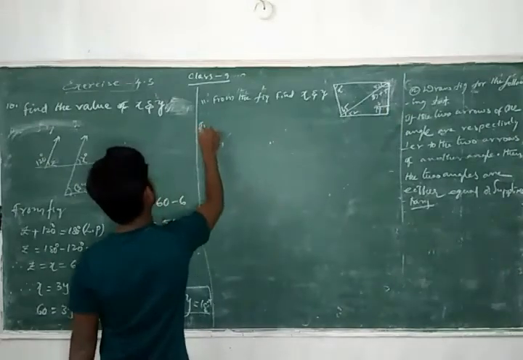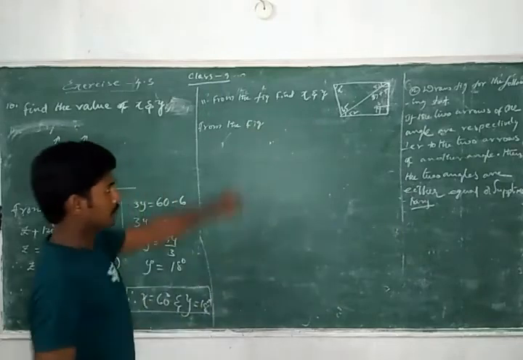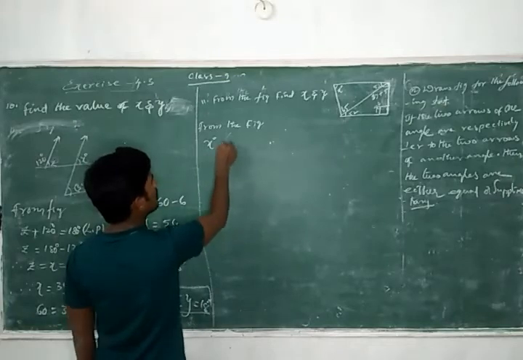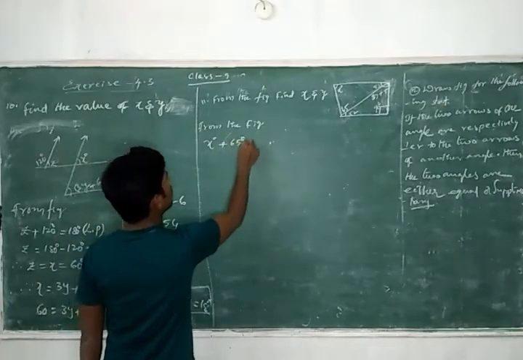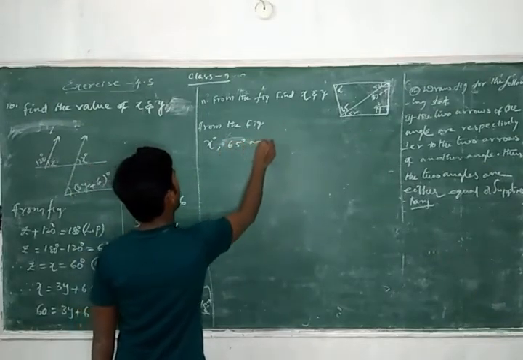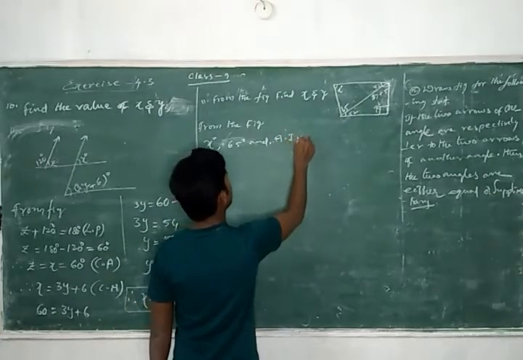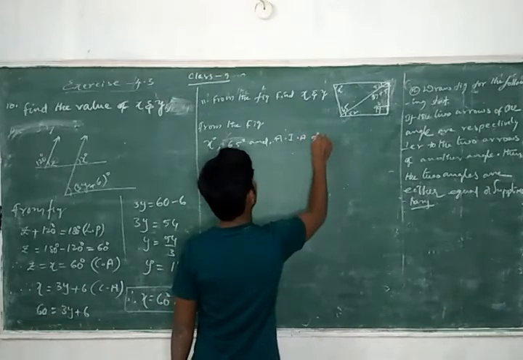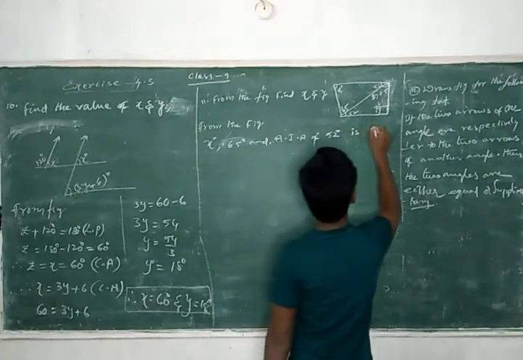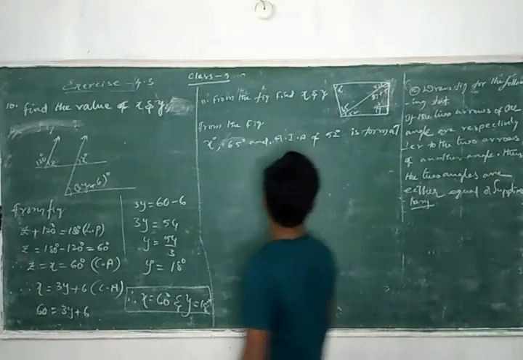So from the figure, x degrees plus 65 degrees, or we can write here x, 65, and the alternate interior angle of 52, form a triangle.